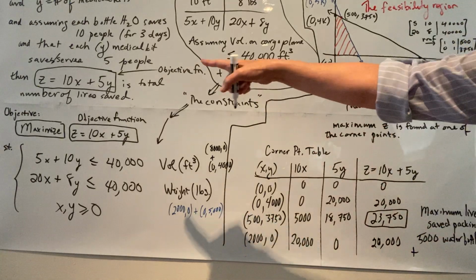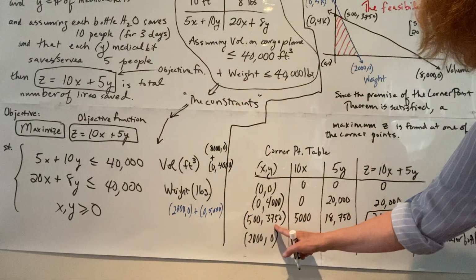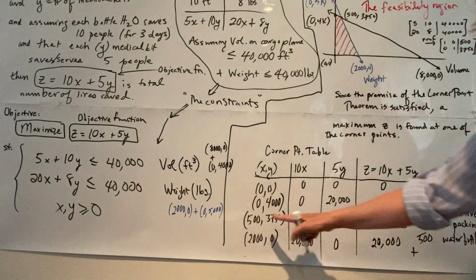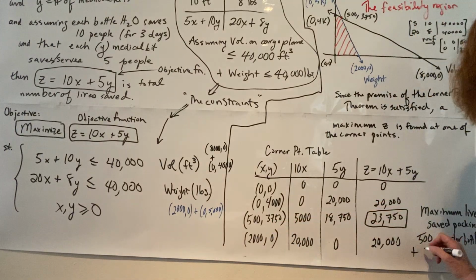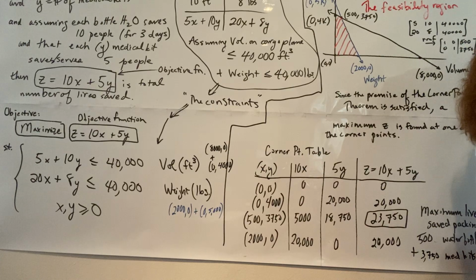And let's see, how many medical kits? 500 water bottles. That's the X, 500 water bottles, that's much more reasonable. And 3,750 medical kits. And now you're done.